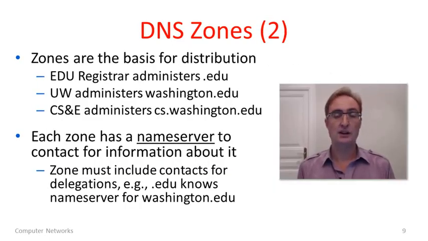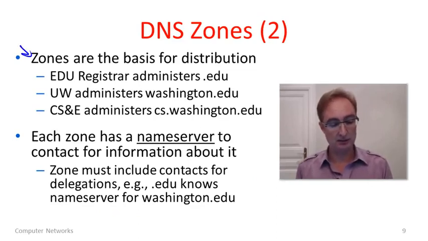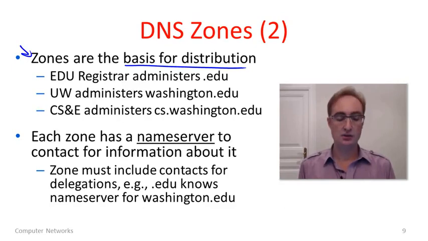Okay, so the zones here are important because they're the basis for the distribution. Recalling that picture, the Edu registrar administers the .edu zone. The University of Washington administers the washington.edu zone, and the Computer Science and Engineering Department at UW administers the cs.washington.edu zone.